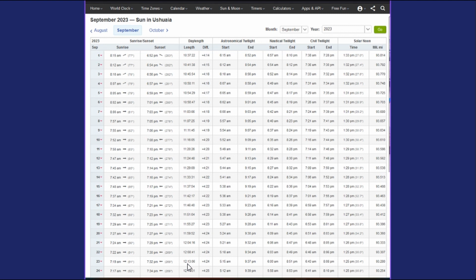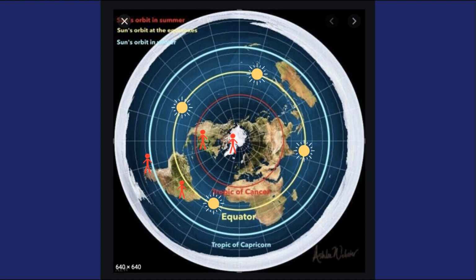I just want flat earthers to think over what I'm saying. How can you explain that on especially an AE style flat earth map? And really, there's no other flat earth map that makes any sense that can explain what we see. If I'm down in Ushuaia, I'm getting not only 12 hours of daylight, but I'm seeing the sun rise and set virtually due east to west.